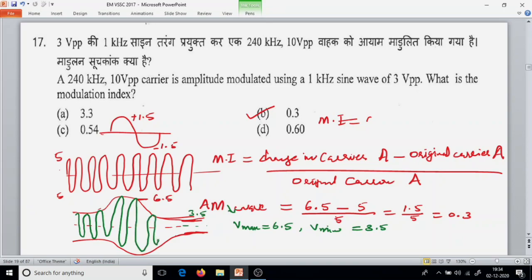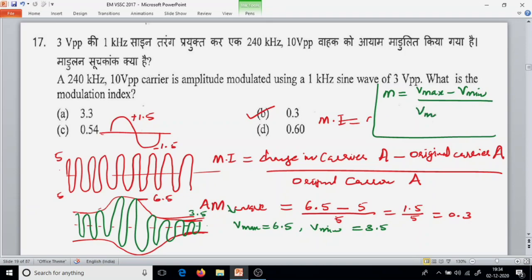Once you know the maximum and minimum value, you can find the modulation index M equal to V max minus V min divided by V max plus V min. Let us solve for this question.